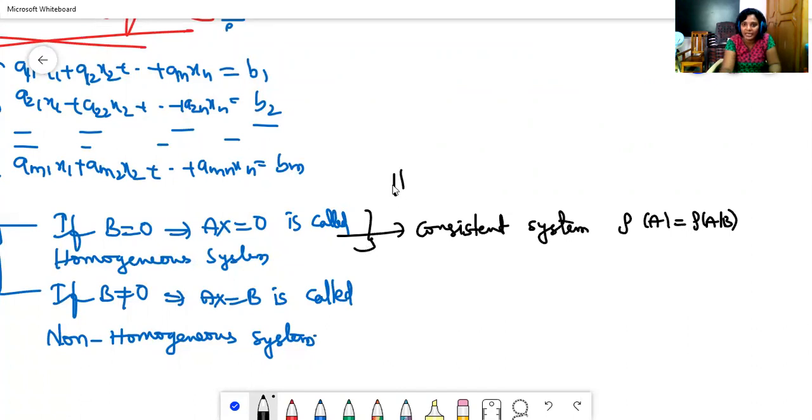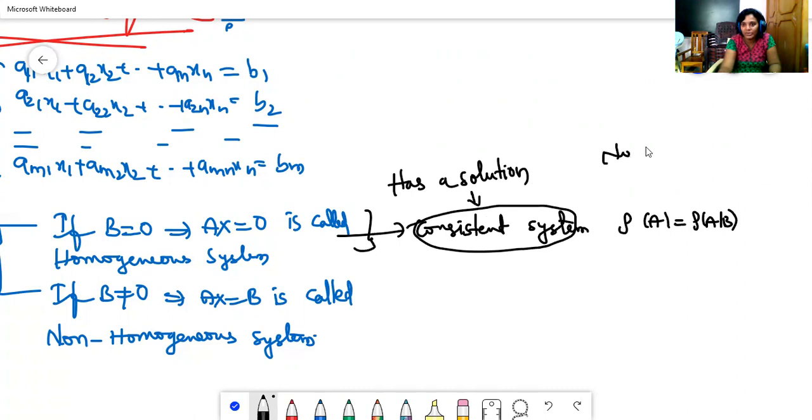When the system has a solution, the system is called a consistent system. Has a solution, consistent. No solution, inconsistent. This is the rule.